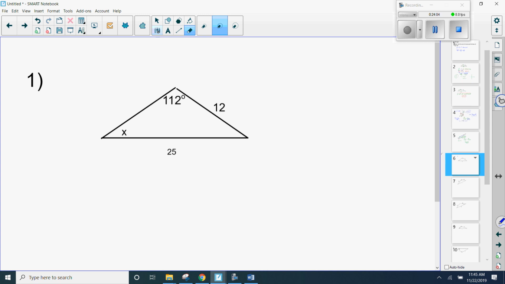So if I use the law of sines, how am I going to set it up? 12 over the sine of x equals, no, wouldn't it be 4? Oh, yeah. Equals 25 over the sine.